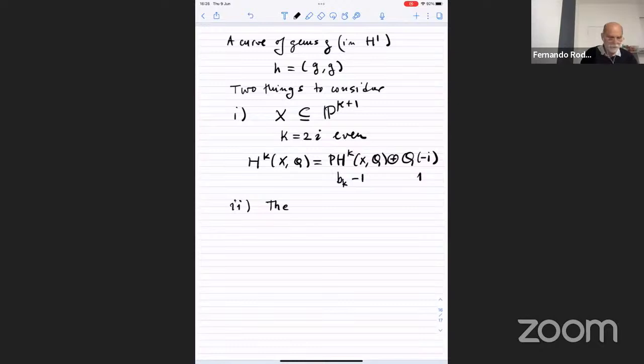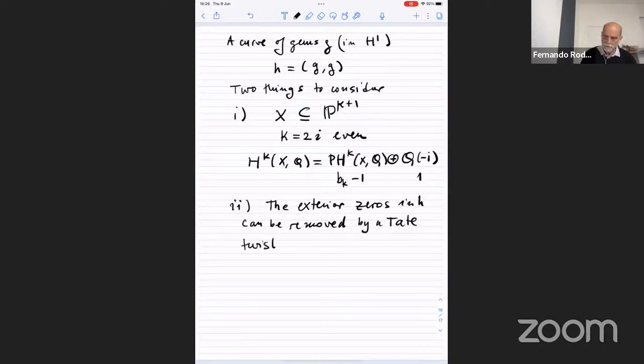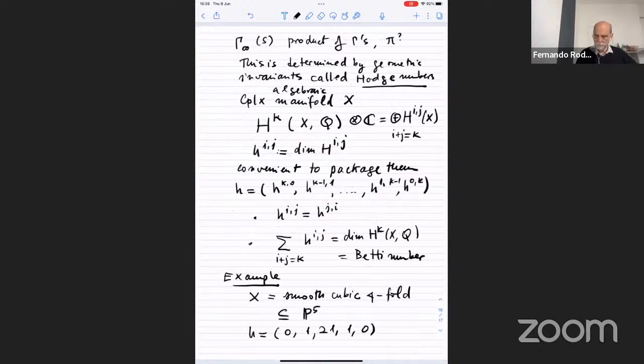These exterior zeros in H can be removed by what's called a Tate twist, in the sense that you can consider an object that has the same Hodge numbers, but where the zeros have been removed.